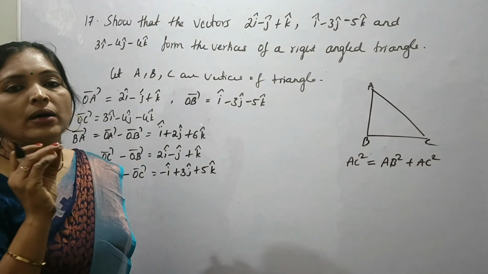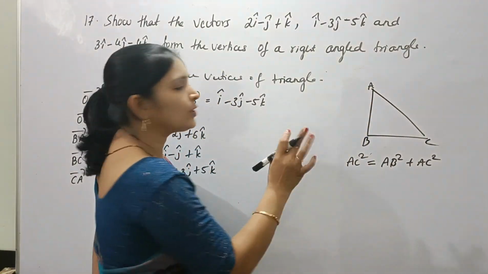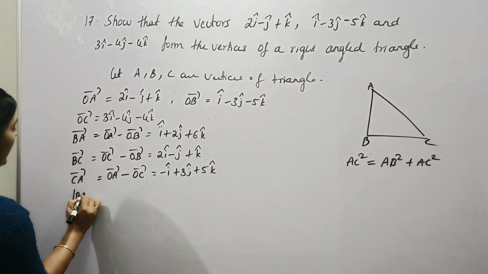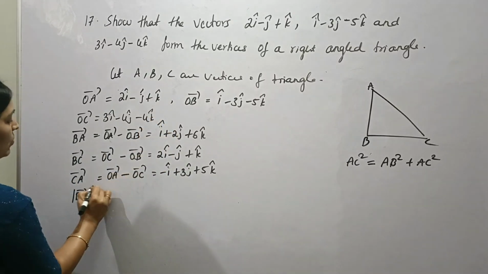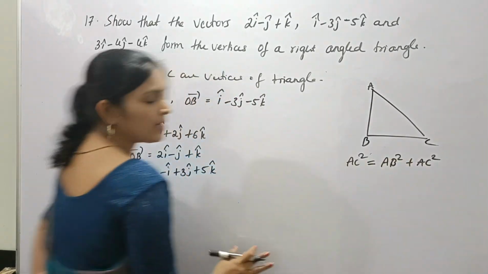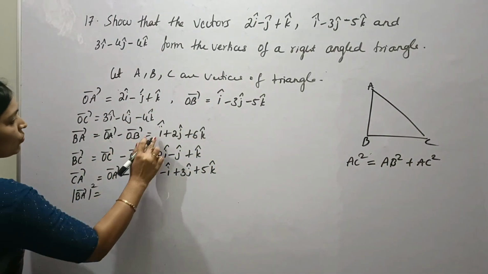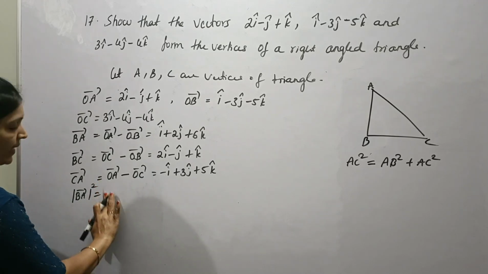Now let's find the magnitude of these vectors, that is the length of these sides. Magnitude of vector BA: let's find its square, because we have to prove this one, so the square root will be cancelled.